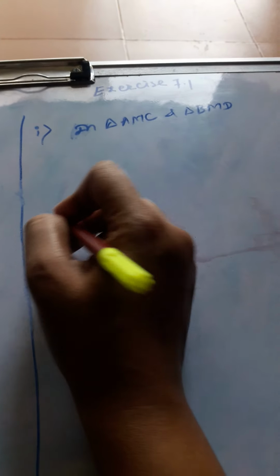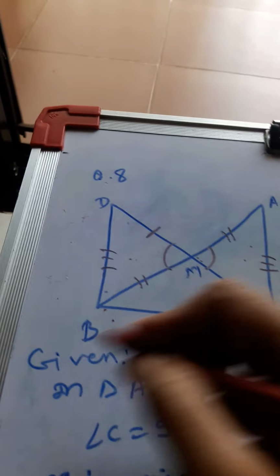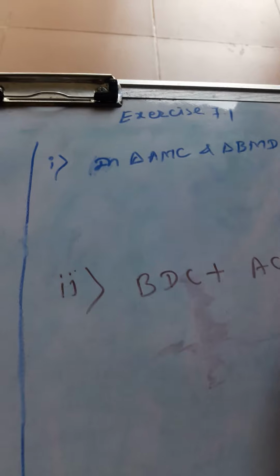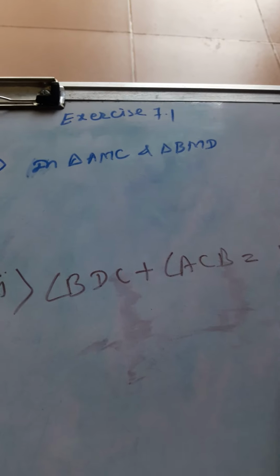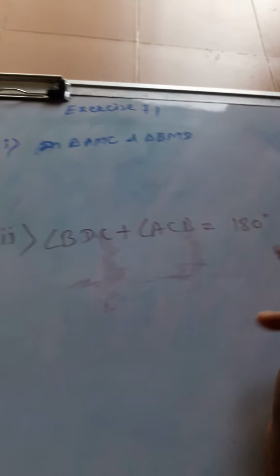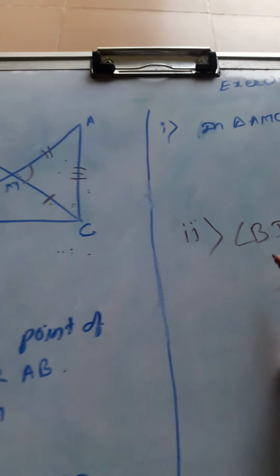For the second proof, angle BDC plus angle ACB is equal to 180. They are co-interior angles, whose sum is always 180, so they are supplementary.